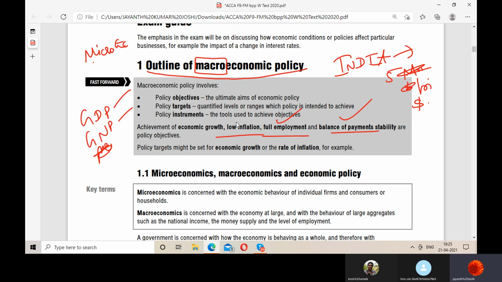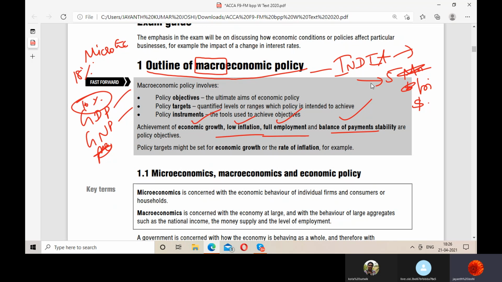There should be lower inflation in the country. The economic growth should be definitely GDP at 10%, or rather, India's requirement should be 18% to achieve this $5 trillion economy feat. I don't know whether you read the newspapers or not, but whatever knowledge I have, I'm sharing with you. So these are the targets a nation has.